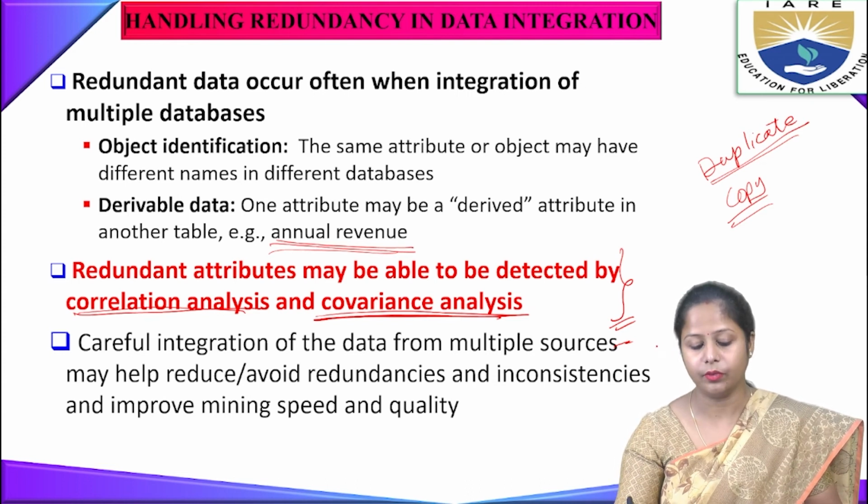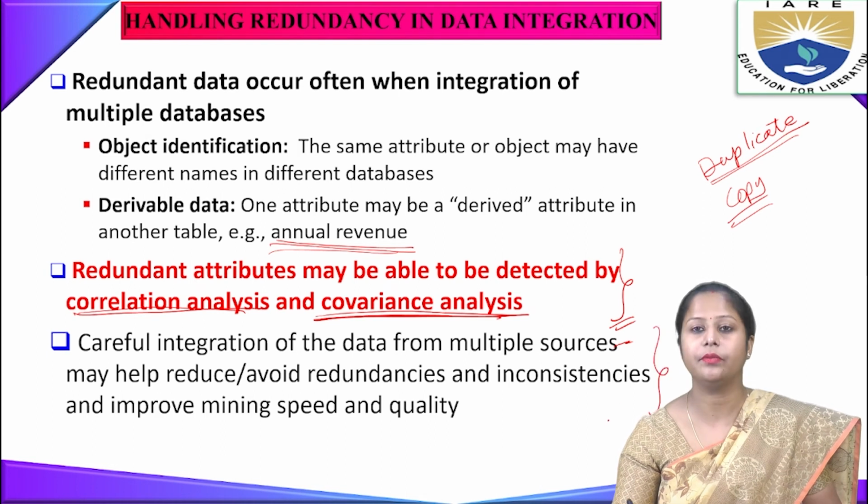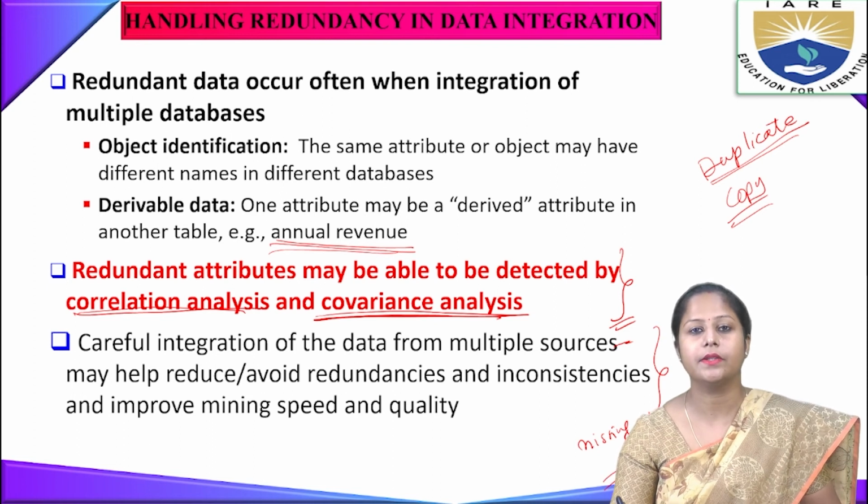If we remove that type of redundant data and integrate the data at one place, we will be able to improve the data mining speed and also the data quality. So that was handling redundancy in data integration.